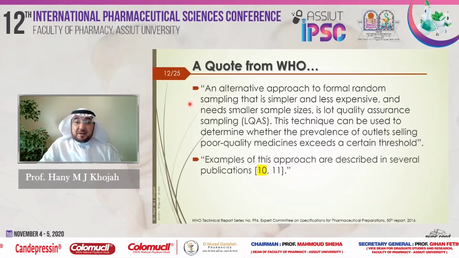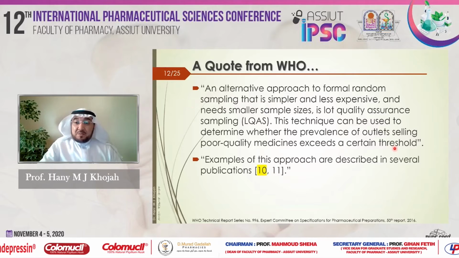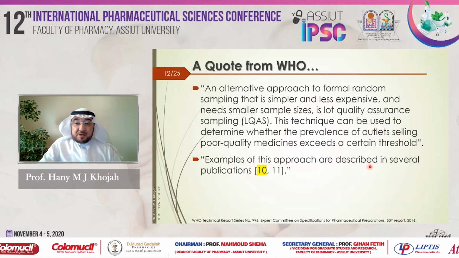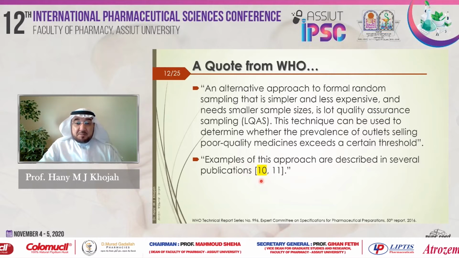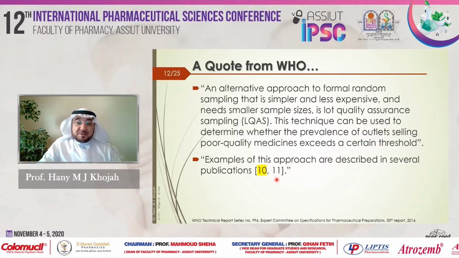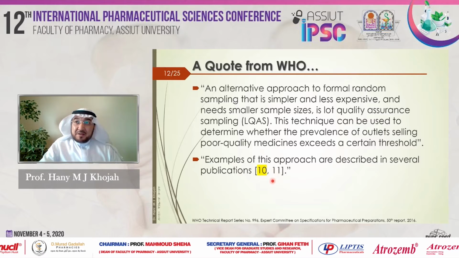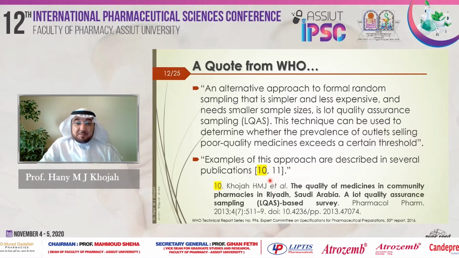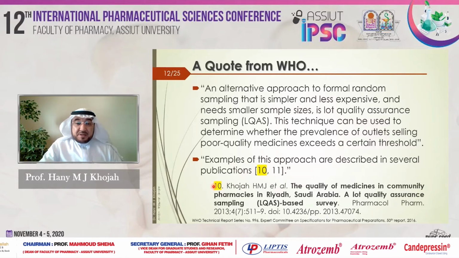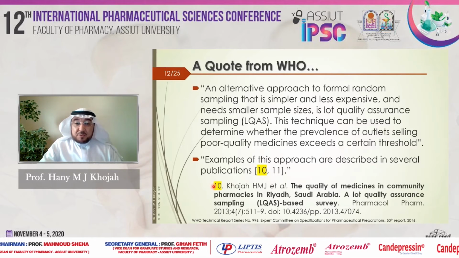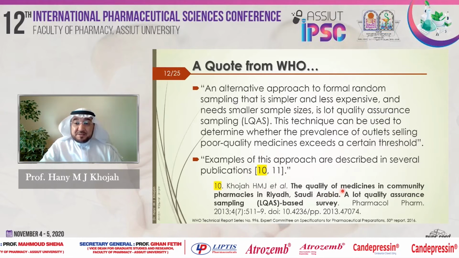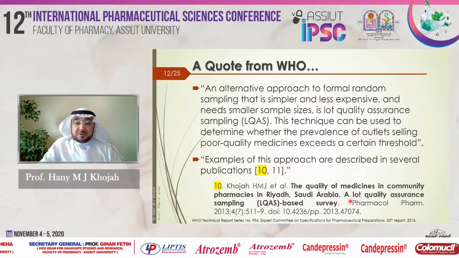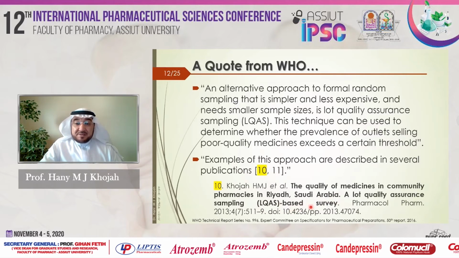And again, they referred to one paper here. Says the examples of this approach are described in several publications. By this time, some other researchers have conducted other quality surveys. But again, one of my papers here was used as a reference by this WHO report, which is the quality of medicines in community pharmacies in Riyadh, Saudi Arabia, a lot quality assurance sampling based survey.